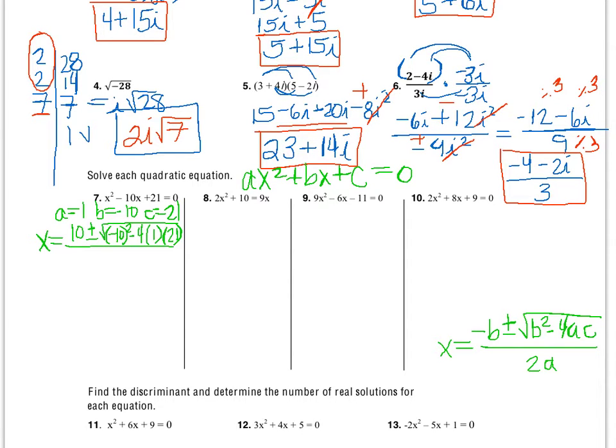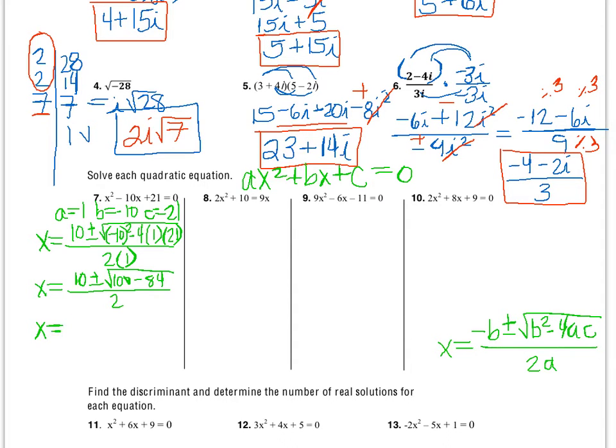And this is all divided by 2 times a, which is 1. So simplifying inside the radical first, I get 10 plus or minus the square root of 100 minus 4 times 1 is 4, and 4 times 21 is 84. And this is divided by 2 times 1, which is 2.